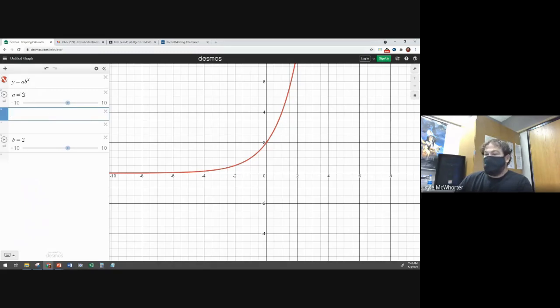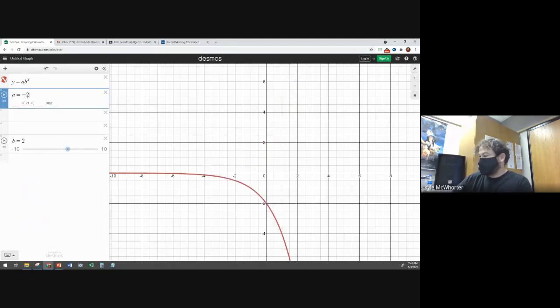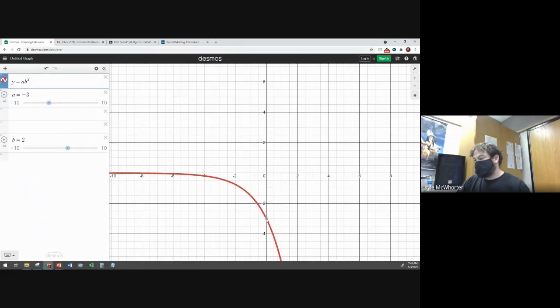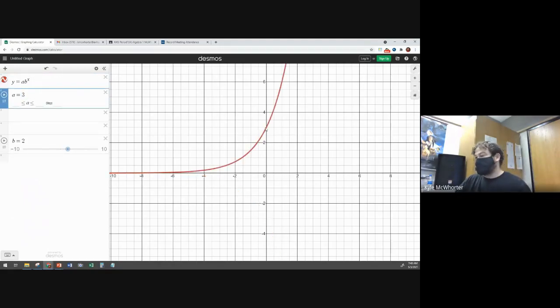What if I change a to -2? What do you notice about the graph and a? Change it to -3. What if I change it to +3? What do you notice about the graph?